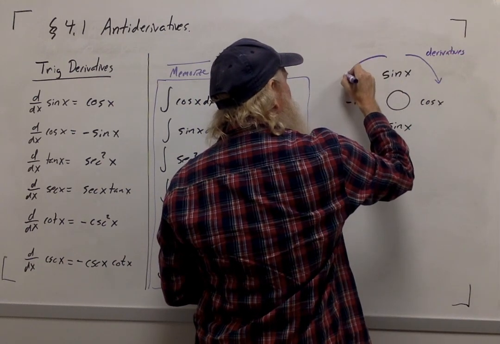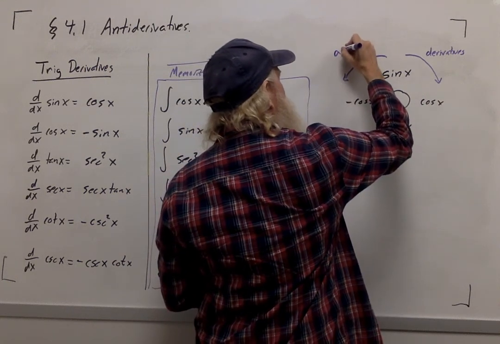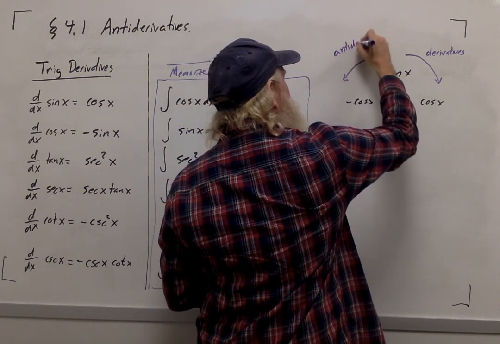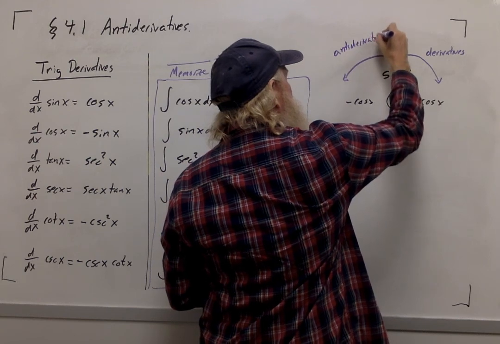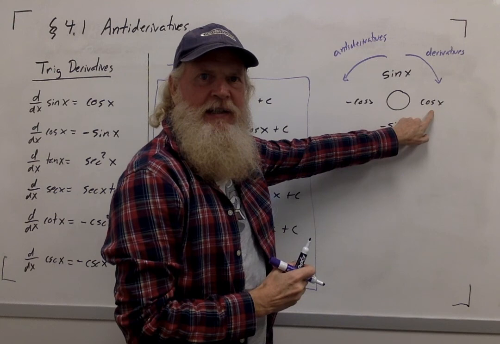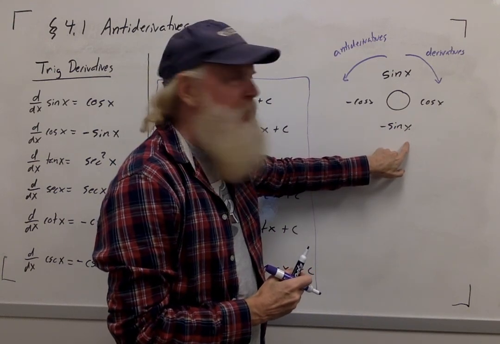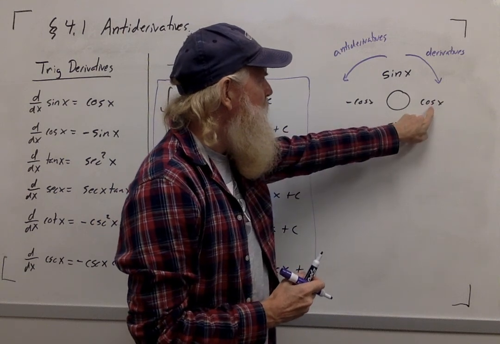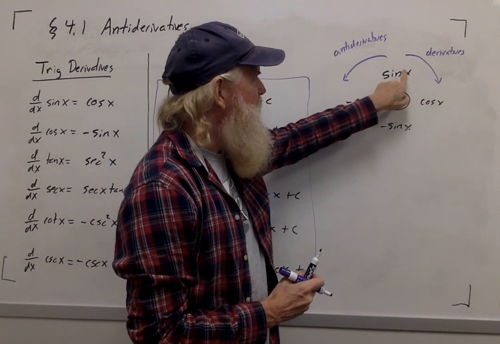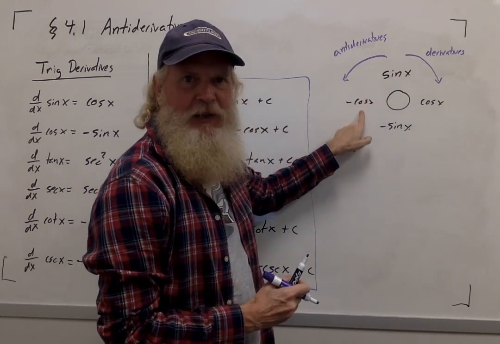And if you go counterclockwise, or some people say anti-clockwise, that corresponds to taking antiderivatives. So for example, the derivative of sine x is cosine x, the derivative of cosine x is negative sine x, and so forth. Going in the other direction, the antiderivative of cosine x is sine x. The antiderivative of sine x is negative cosine x.